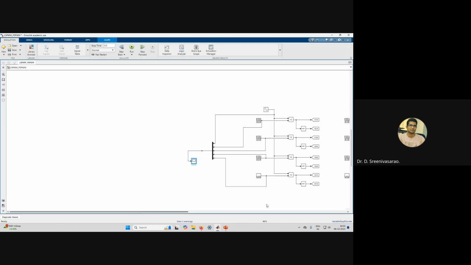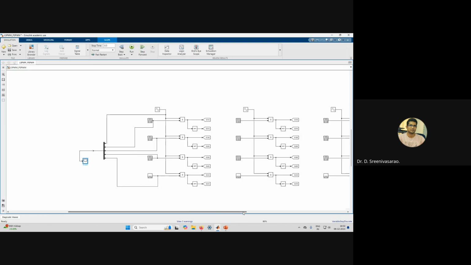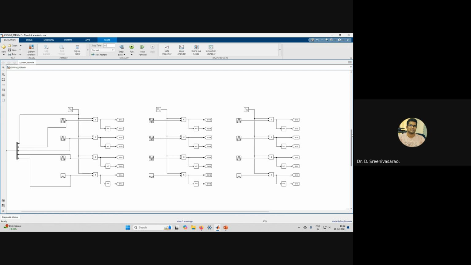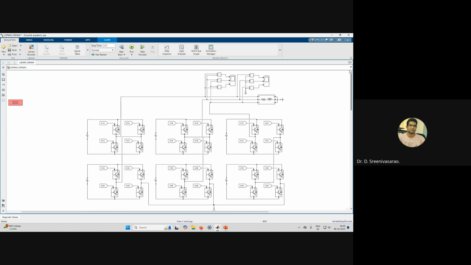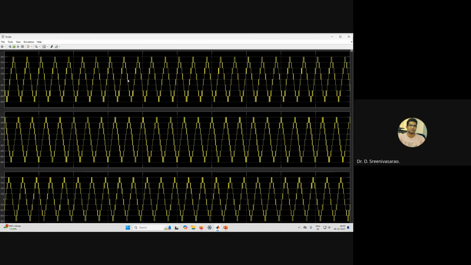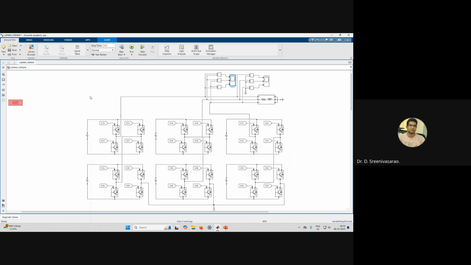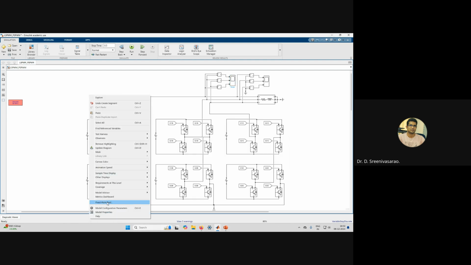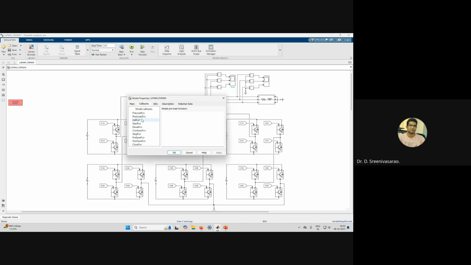Now we can see the output voltages, line voltage and phase voltage. The line voltage looks like this because we selected a very small carrier frequency. 500 is very small, so we slightly increase the carrier frequency. We'll make it 2000.